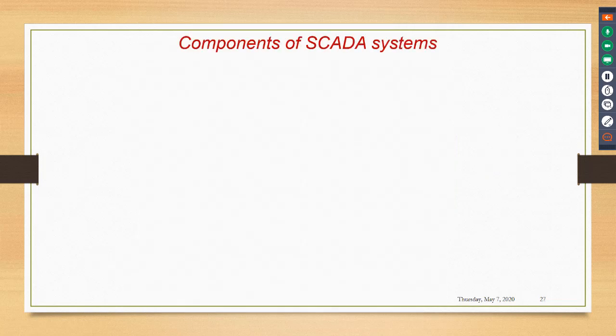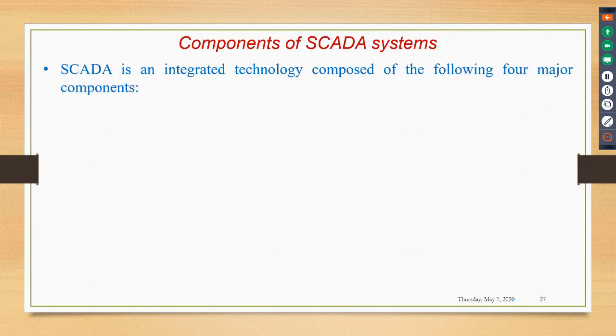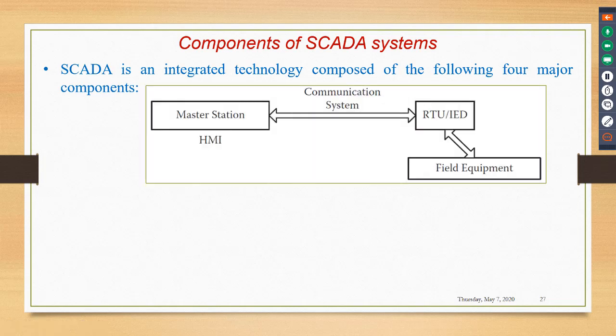So then, coming to the components of SCADA. SCADA is an integrated technology composed of the following four major components. One is the master station, and your communication system is there. Then RTU or IED, that is intelligent electronic devices. Then the field equipment.